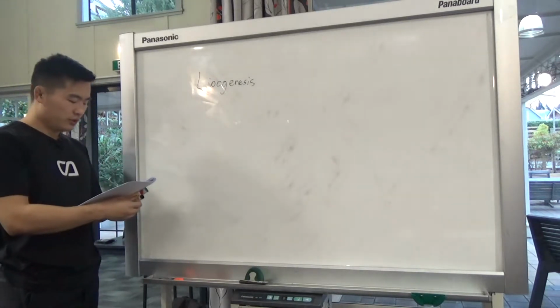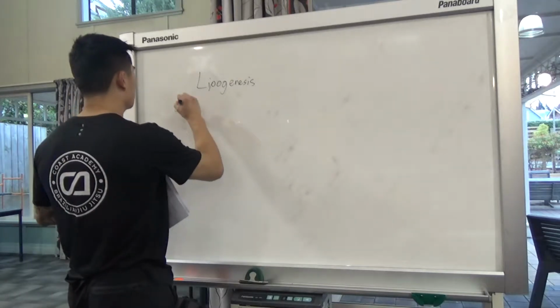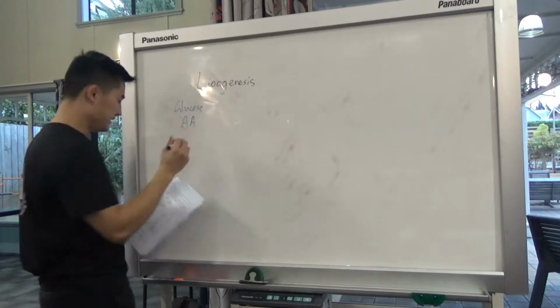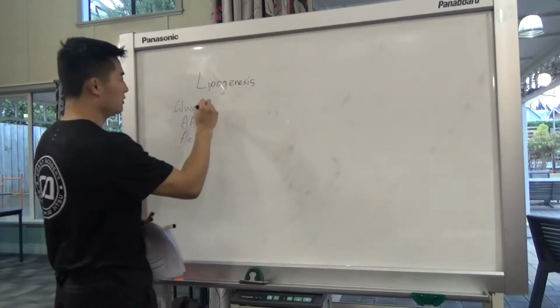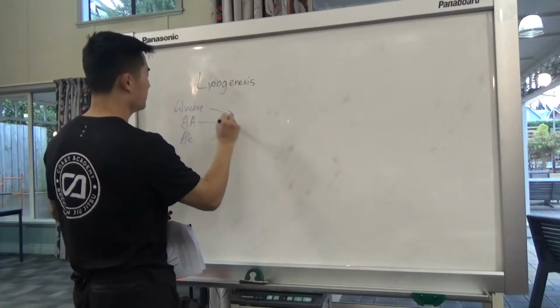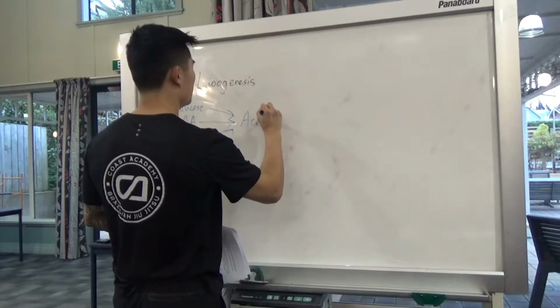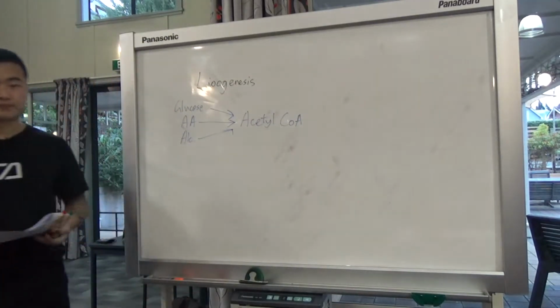So you've got glucose, amino acids, and alcohol, and these will all be turned into acetyl-CoA.